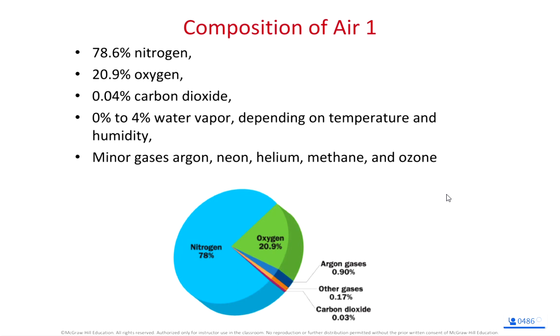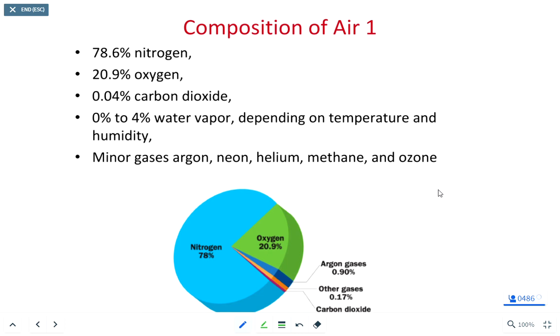Let's talk about air. Within our respiratory system, this all-important air is going in and going out. As we are ventilating, or moving air in and out, atmospheric air has a known composition. It is about 78% nitrogen and about 21% oxygen. So nitrogen and oxygen are the two biggest components of the gases that we're breathing.